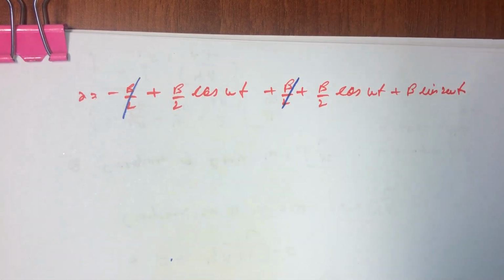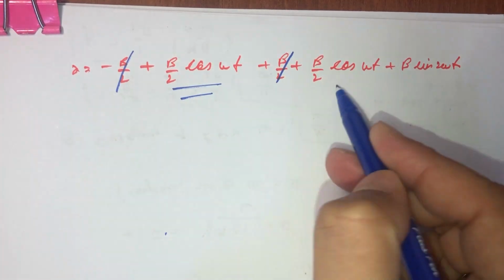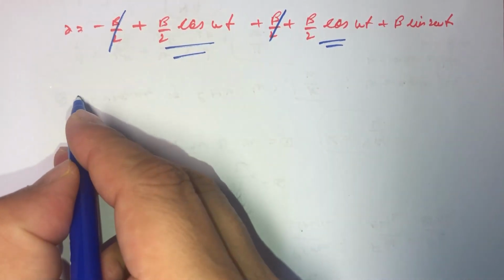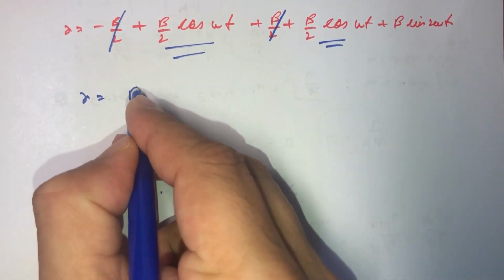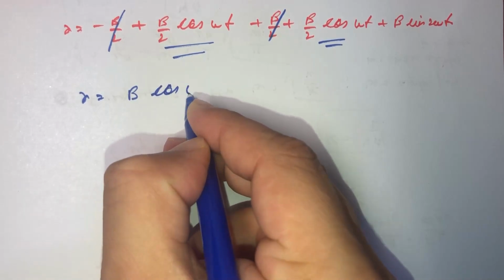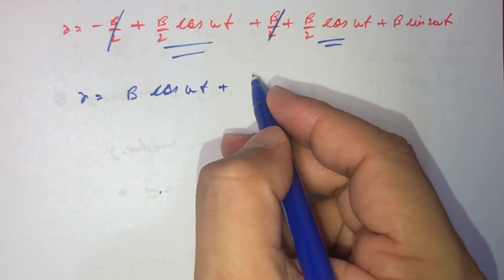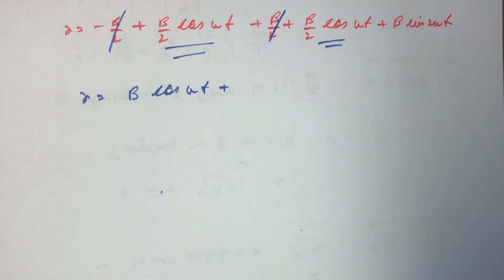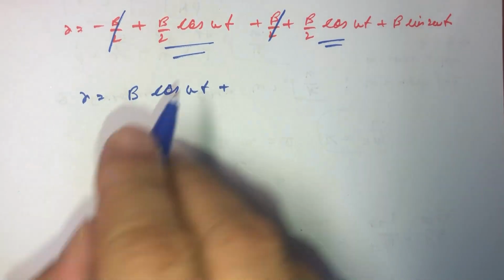These two terms cancel out, and these are the same, so they are going to add up. So we are going to get x equal to B cos omega t plus, sorry, I think I missed one part. Yeah, here I missed, it is twice, my mistake.